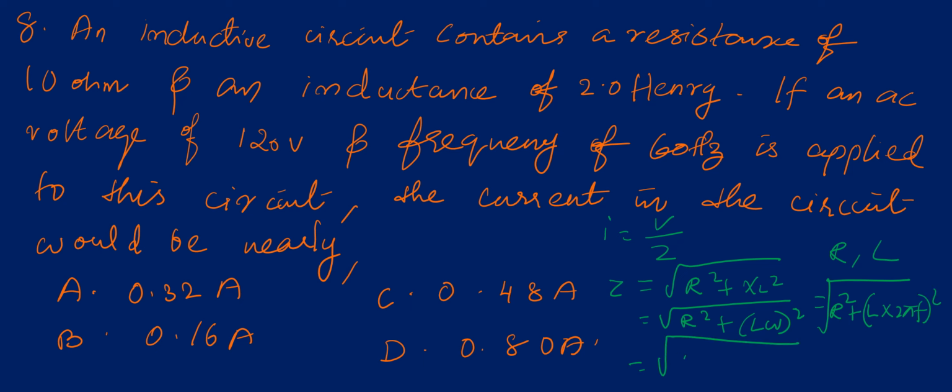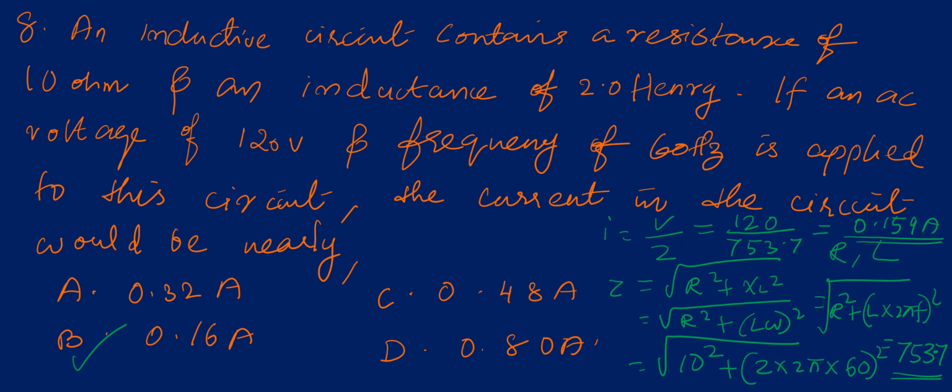That is, R is given 10 ohm, 10 square plus, L is given 2 Henry into 2 pi F, F is given 60 Hertz, whole square. When you calculate this, you will get 753.7. Voltage is given as 120 volt divided by Z, 753.7. So you will get the answer as 0.159 ampere, or approximately 0.16 ampere. So option B is the correct one.